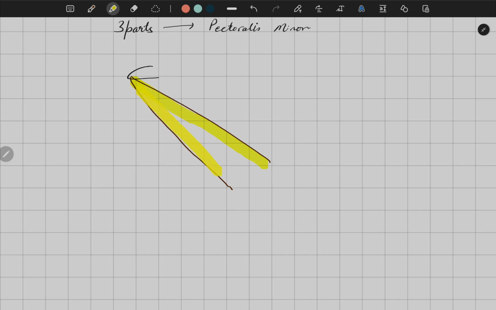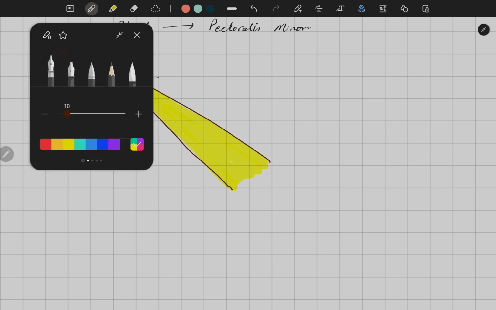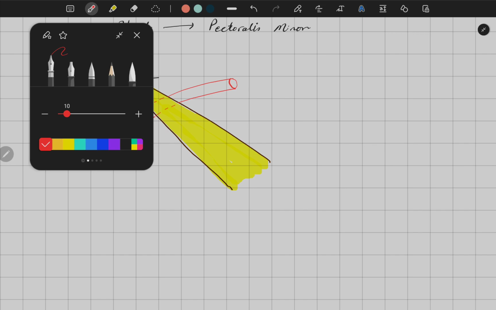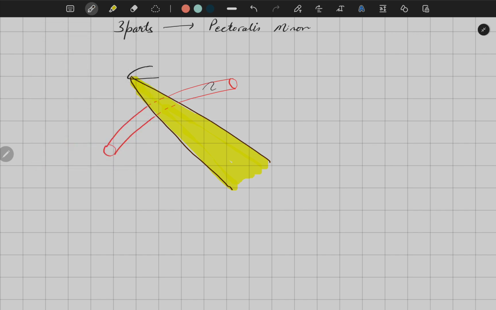Yes, so this is the pectoralis minor. So now let's draw the artery. And this is the first part of the artery, second part of the artery, and third part of the artery.